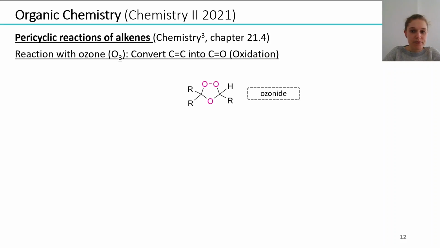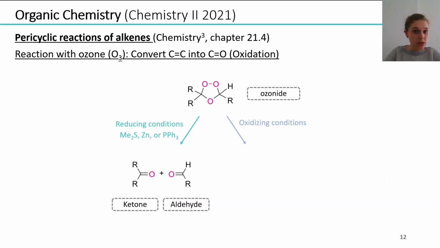oxidizing agents. And depending on the reaction conditions, so if we use either reducing conditions or oxidizing conditions, the products will look different. If we use reducing conditions, the ozonides will be transformed into aldehydes and/or ketones.